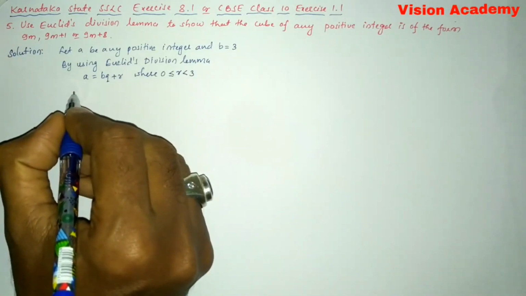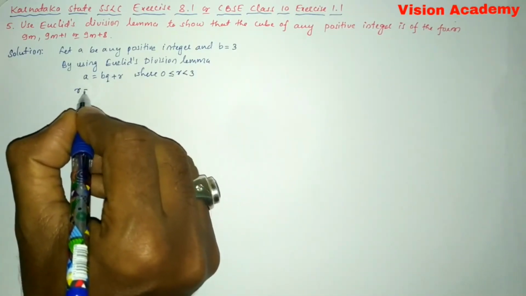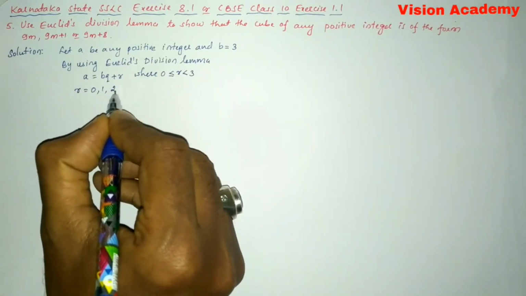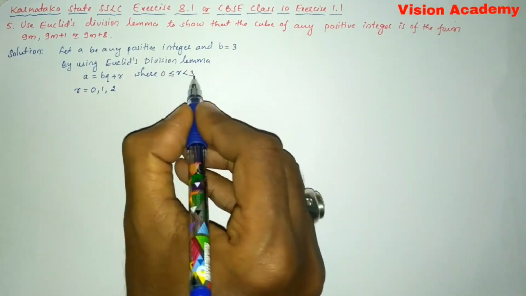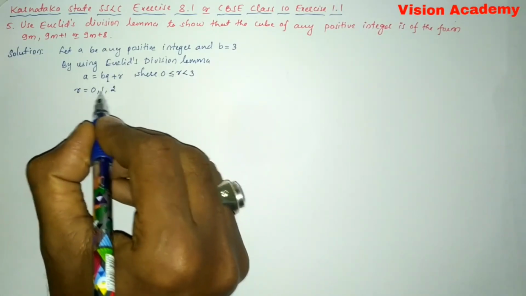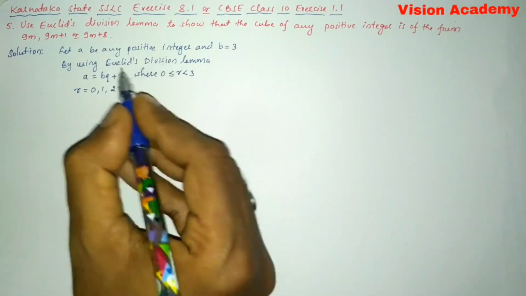So here r value, that is remainder, can be written as 0, 1 and 2, just because r is less than 3. So less than 3 is 2. So that is it starts from 0, 1 or 2.